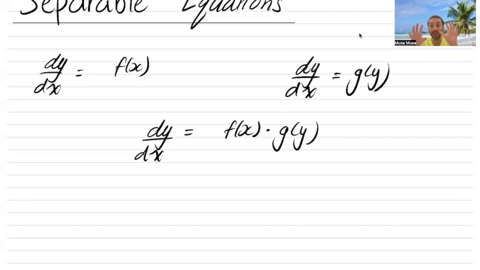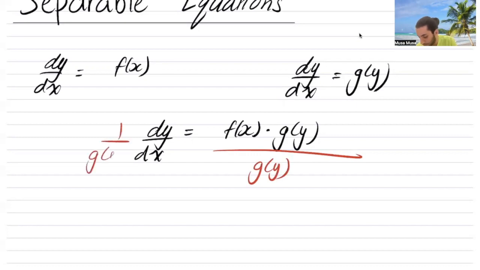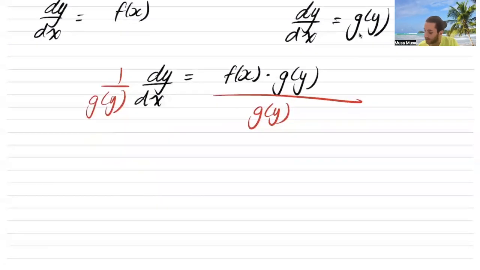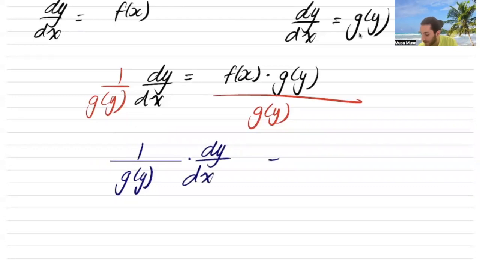If you can clearly get it as one function times another, with no lingering x's with the y's, then you can divide both sides by g of y, and we get to this next step. So we get 1 on g of y times dy on dx equals a function in x. Now, all I'm going to do is integrate both sides with respect to x.